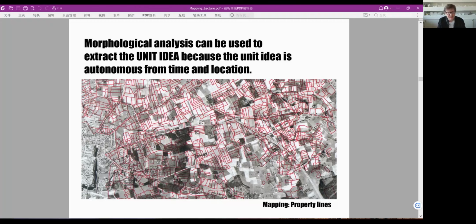And this, for instance, is a mapping of property lines. Don't misunderstand me, of course, this will change over time. But the core, the idea behind this, the metaphor, the metaphysical pathos will not change. And that's what we call the unit idea. Next one.